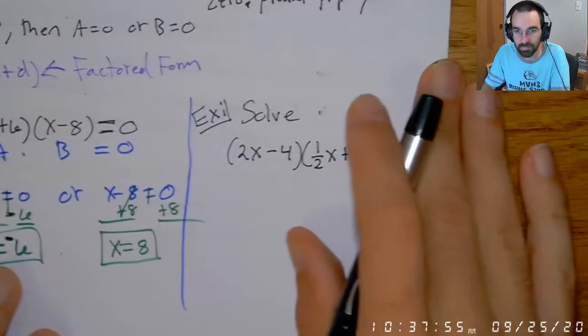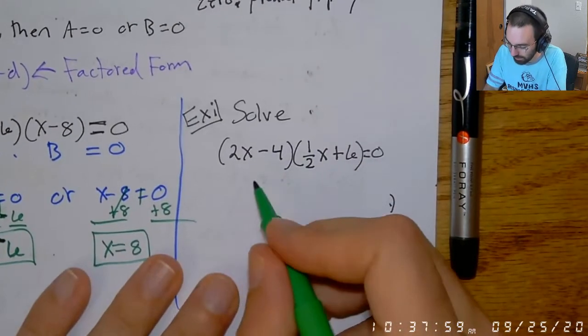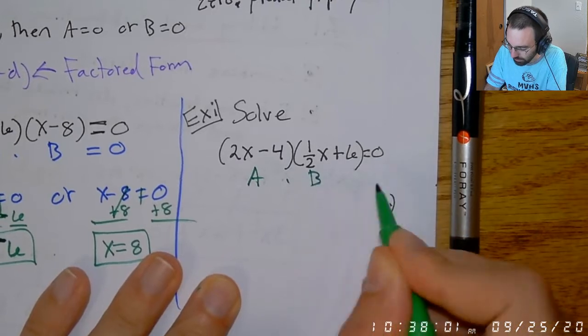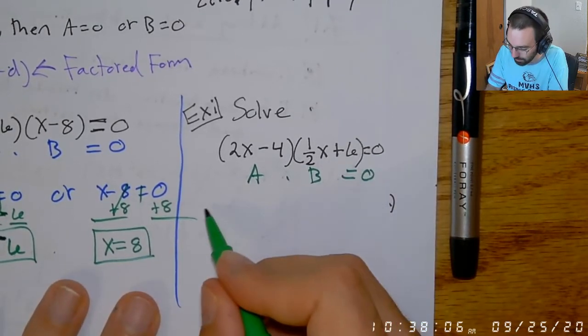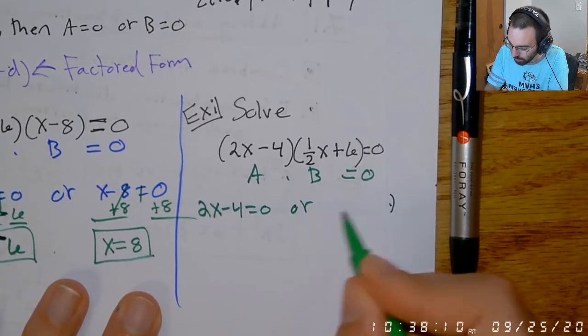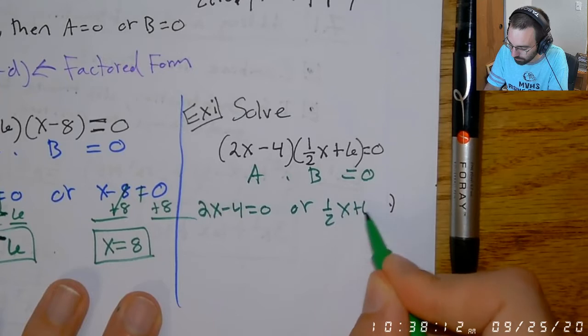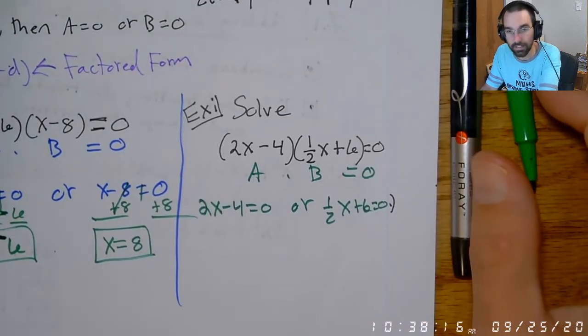Okay? All right. So here, zero product property again. I have something times something equals 0. So that means I'm going to have 2x minus 4 equals 0, or 1/2 x plus 6 equals 0. So how am I going to go ahead and solve this?